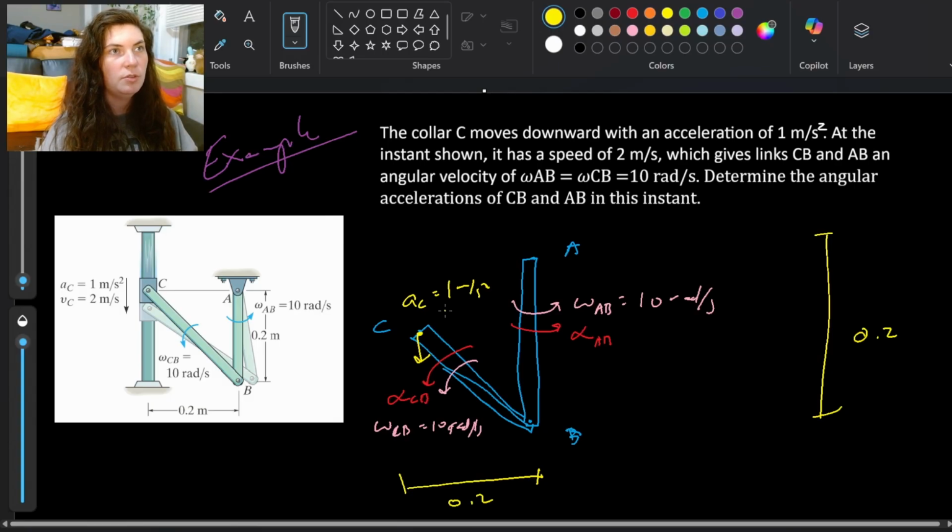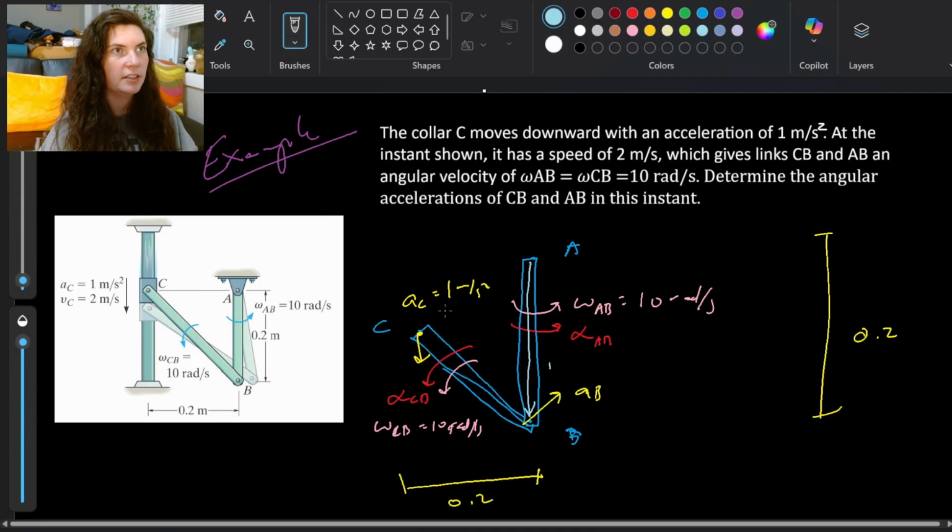And then finally, we do know that B is moving, right? So we know that B is moving, it has an acceleration that we may not be sure of the direction of, but it's probably out somewhere like this, since B is kind of swinging to the right, it looks like, based on how those angular accelerations are moving. And then, of course, put these in kind of as ghost vectors.